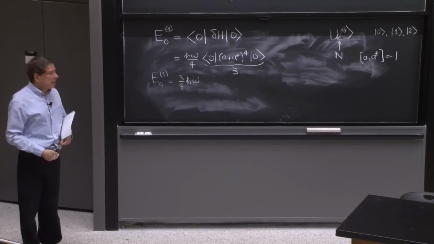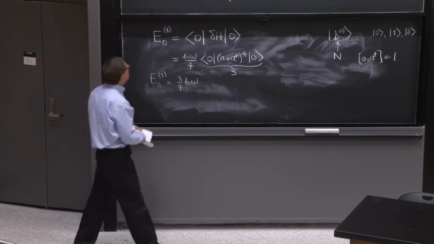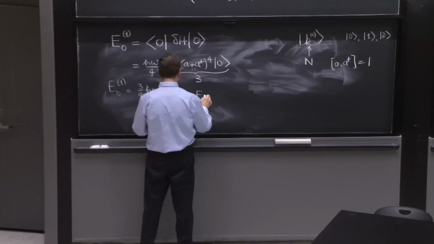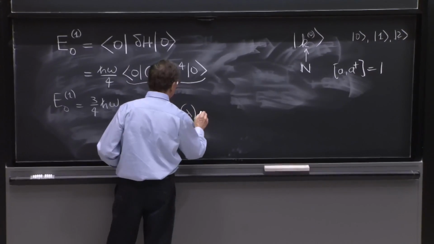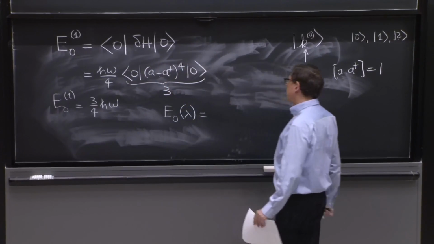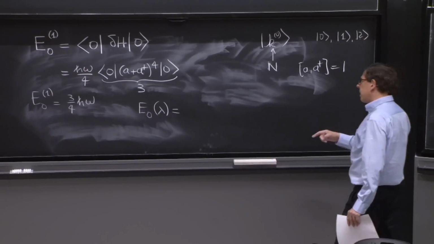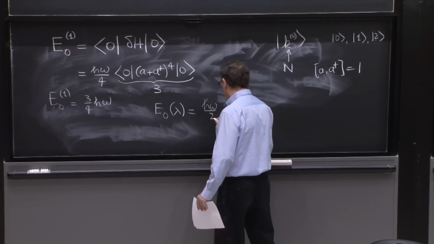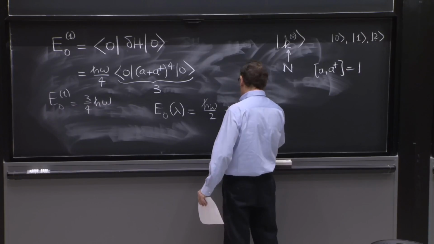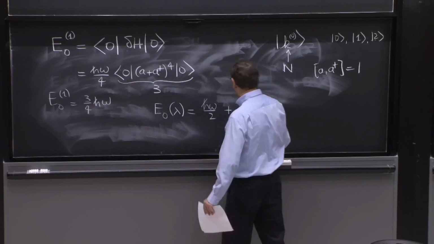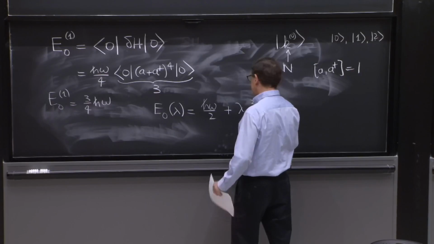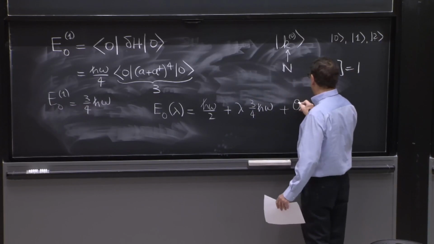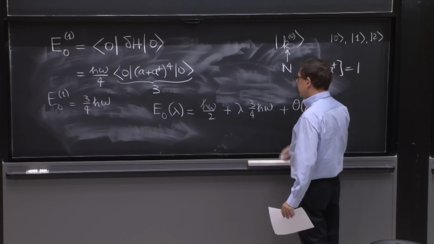So how does that tell you anything? Well, better use the full formula. E0 of lambda is supposed to be equal to the unperturbed ground state energy, which was ħω over 2, plus lambda times the first order correction, which is 3/4 ħω, plus order lambda squared.